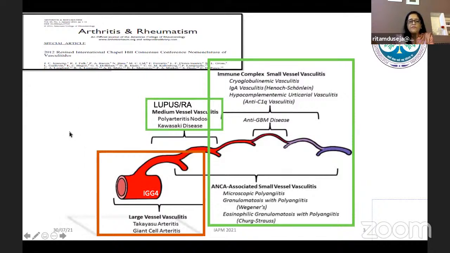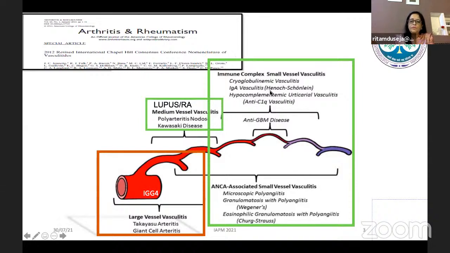The main crux of this figure is that we can have vasculitis ranging from smaller arterioles and capillary size vessels, to medium vessels and larger vessels. This is based upon the size of the artery, but not only the size; we also take into account the serology, that means whether ANCAs are positive or not, whether anti-GBM antibodies are present or not, and what is happening in the tissue which is given to us.